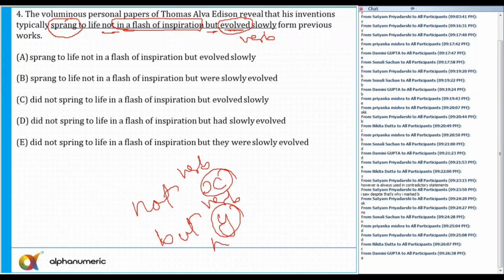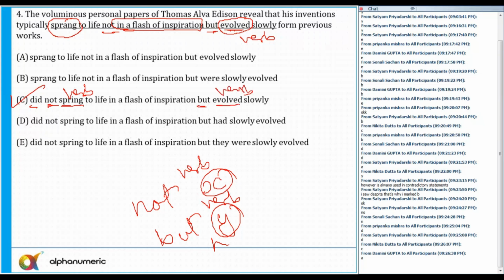So what should be the answer? I've already told you. After the word not, we have to use a verb to make it parallel. After the word but, we have to use a verb to make it parallel. Answer for this question should be C. The voluminous personal papers of Thomas Alva Edison reveal that his inventions typically did not spring, over here verb, into life in a flash of inspiration, but evolved, verb.